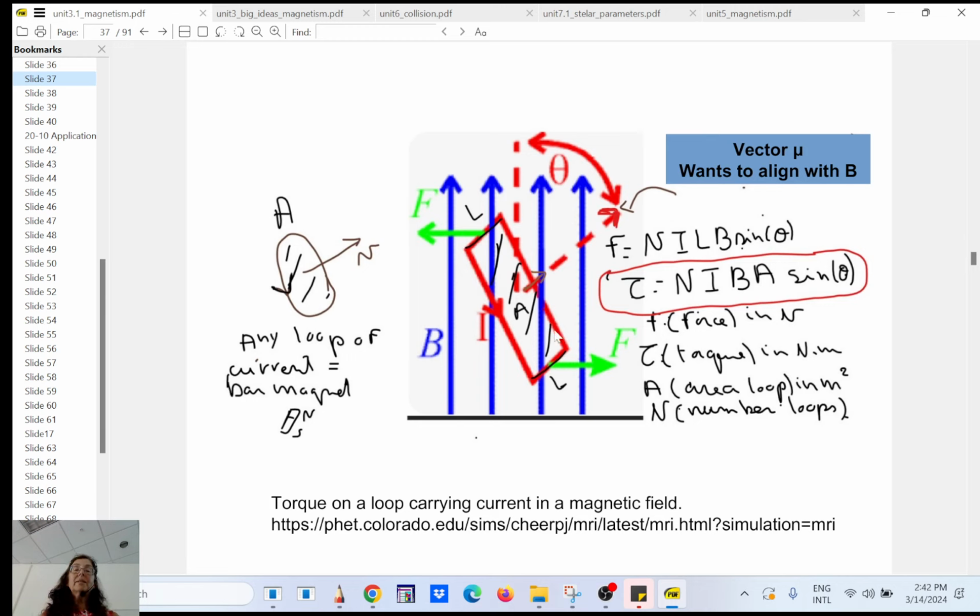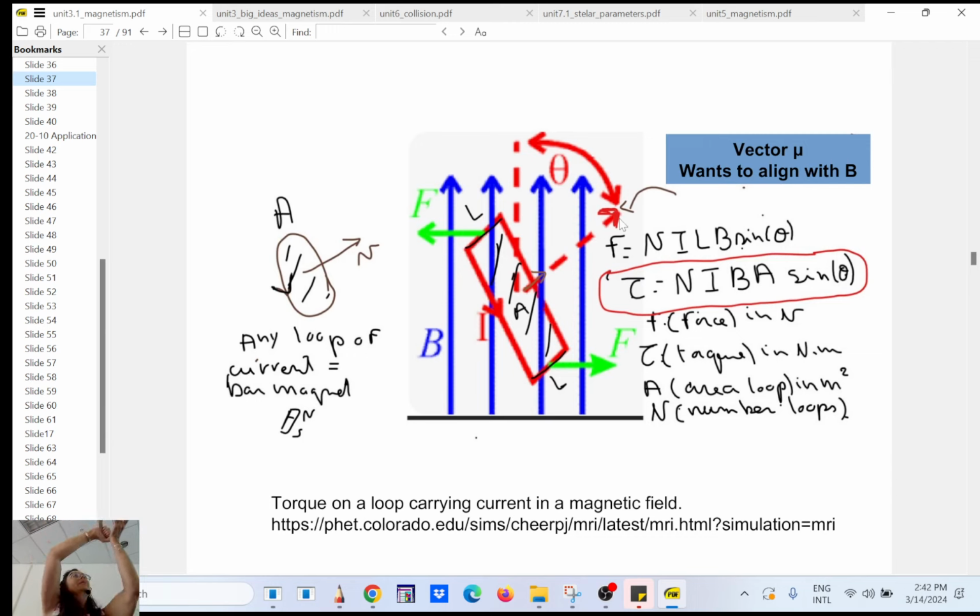Okay, so what about here? Let's forget about the hydrogen nucleus for now. Now I have a loop of current and it's inside the magnetic field. Is it happy? So you take your right hand rule, the thumb. Imagine that will be your thumb here, that will be your north.